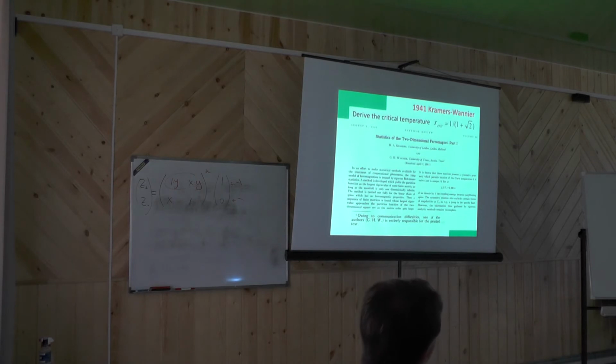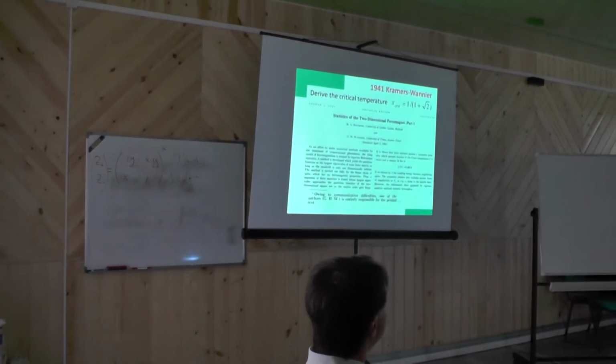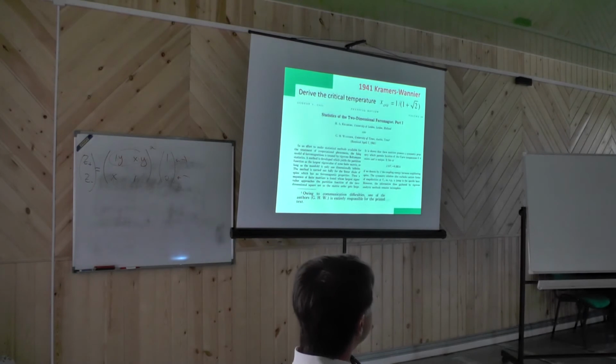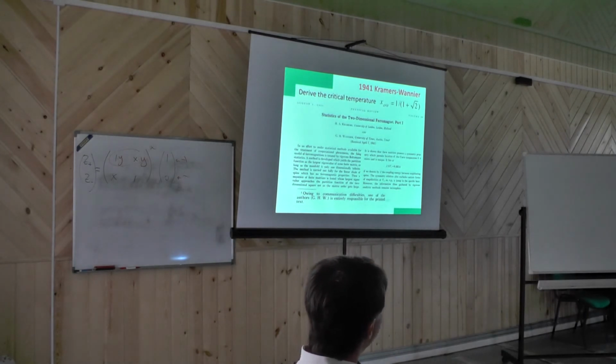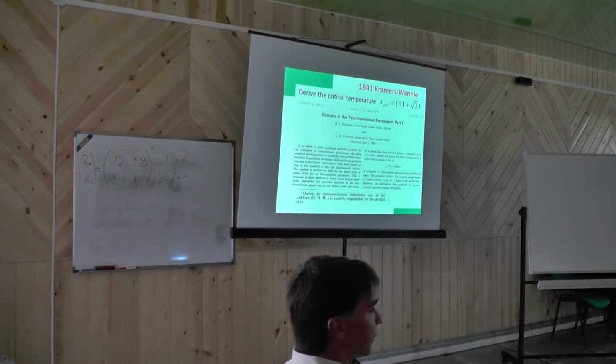So the first work was by Kramers and Wannier, which came almost immediately after. It was already the Second World War, and maybe the last transatlantic collaboration before 1945. They actually calculated the critical temperature in dimension 2.